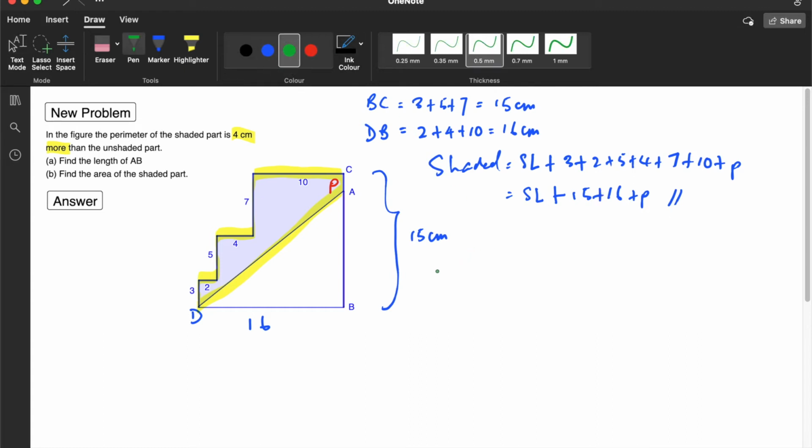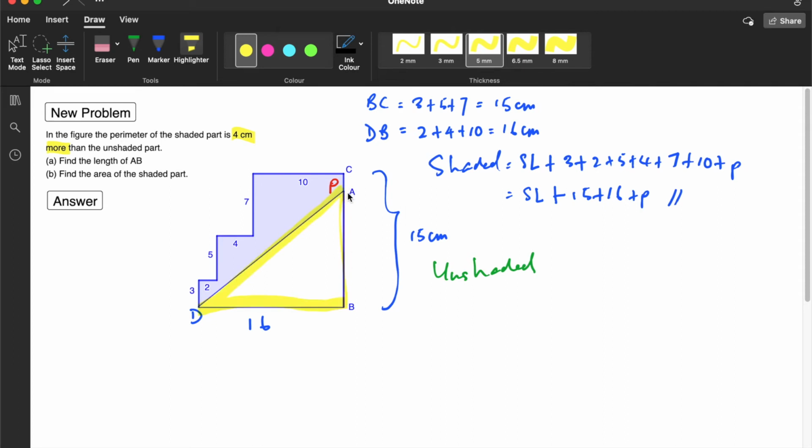What about the unshaded? It is this. The unshaded perimeter will be the slant length, plus this 16, plus this AB.